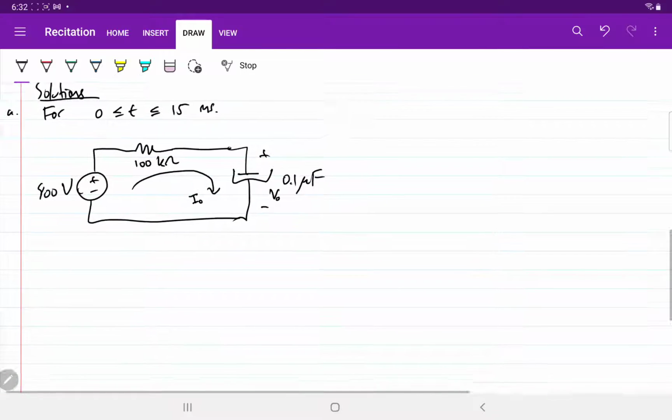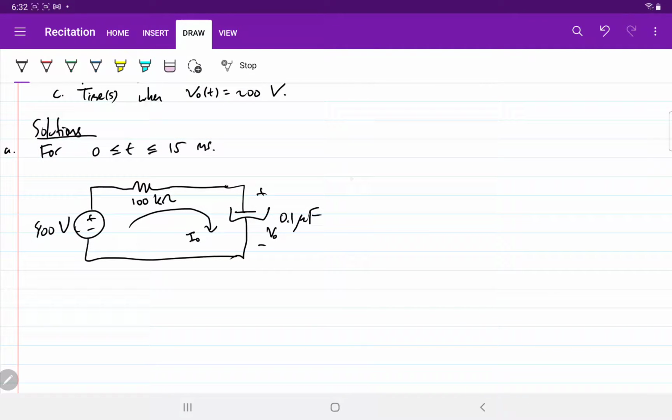Okay, using KVL, let's derive the equation. For simplicity, let's call the voltages V0, Vs, Vr. So we have minus Vs plus Vr plus V0 equals 0. That's coming from KVL, right?